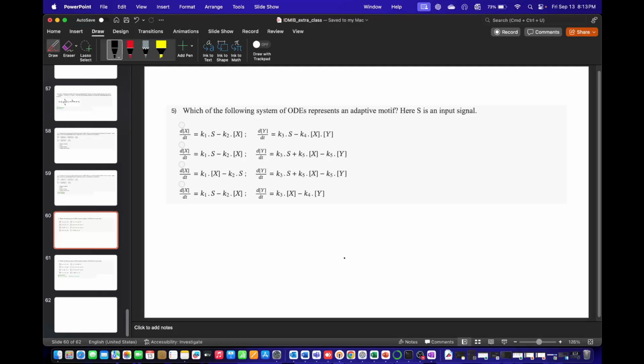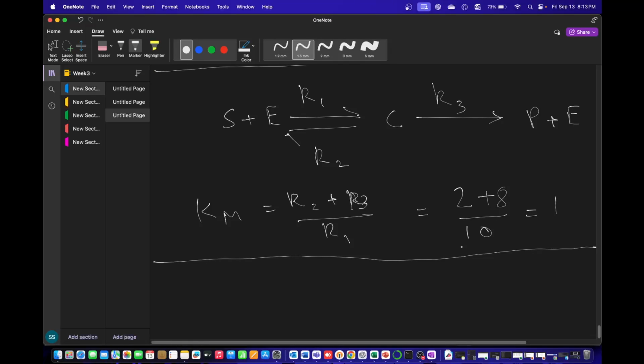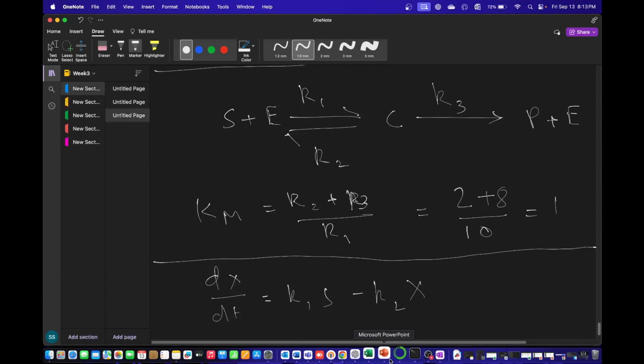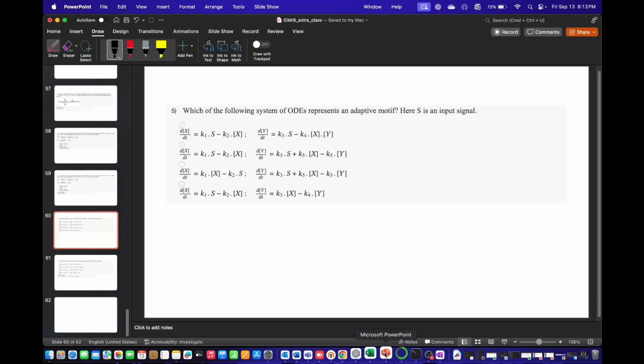So your equations are dx/dt equal to k1s minus k2x, and dy/dt equal to k3s minus k4xy.